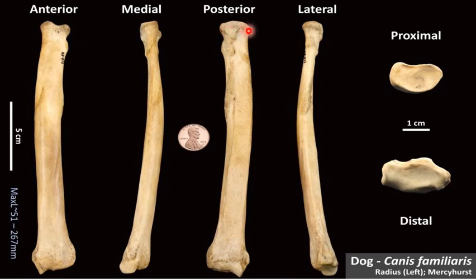So this head of the radius contains fovea capitis and articular circumference, and overall the head of radius is oval. The fovea capitis articulates with the capitulum of humerus and ulna to form the elbow joint, and the articular circumference is present at the caudal aspect of the radius bone.